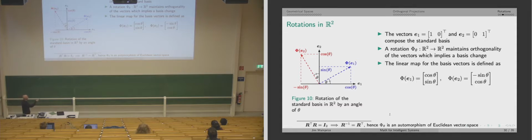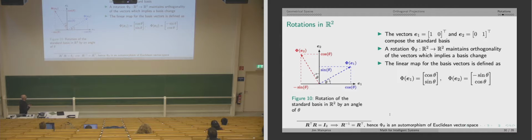These are the coordinates of the rotated E1, and this is the coordinates of the rotated E2. So we apply the linear transformation to E1 and to E2, and then we look at the coordinates in the standard basis for these vectors.